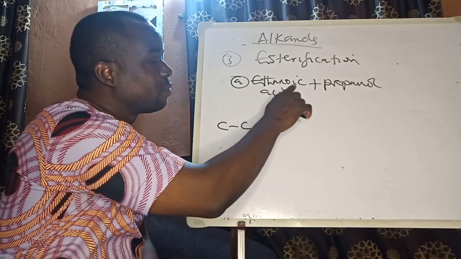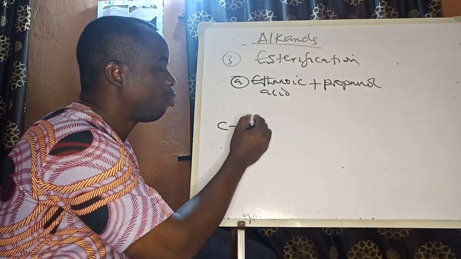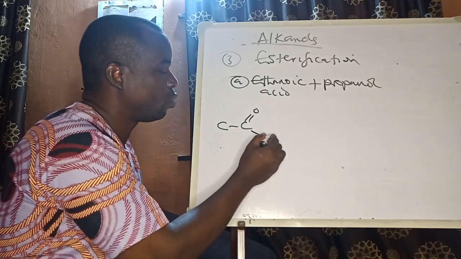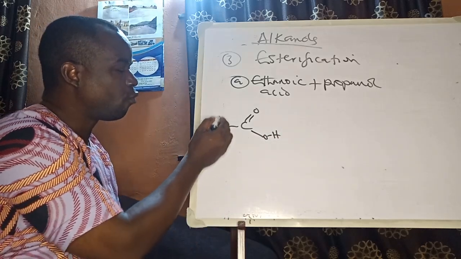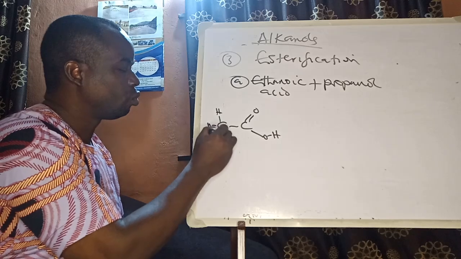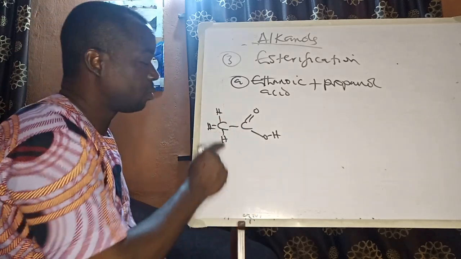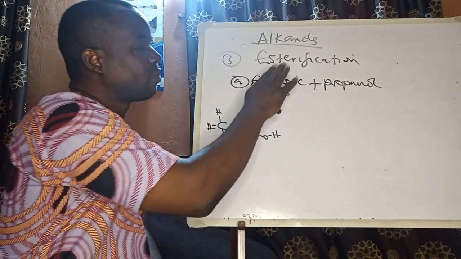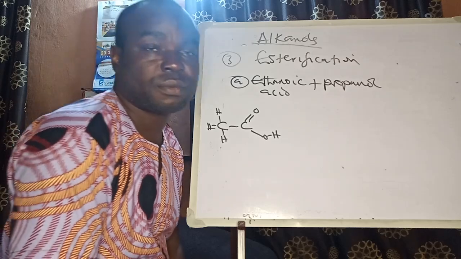I put the oic. I told you how to put oic. Double bond O, single bond OH. This is it. You now make this one 4 bonds. 1, 2, 3. This O and OH is oic. So you now complete it. This is ethanoic acid. Are we good?